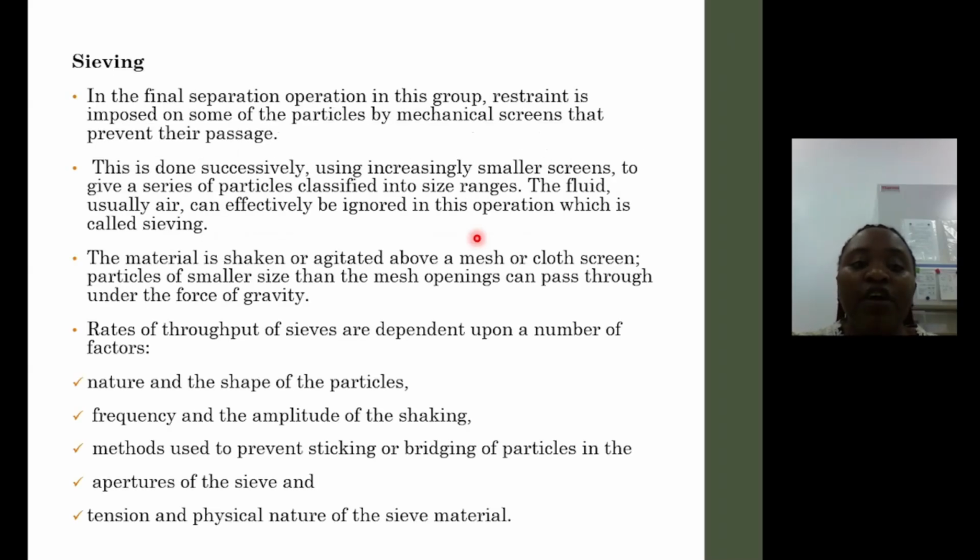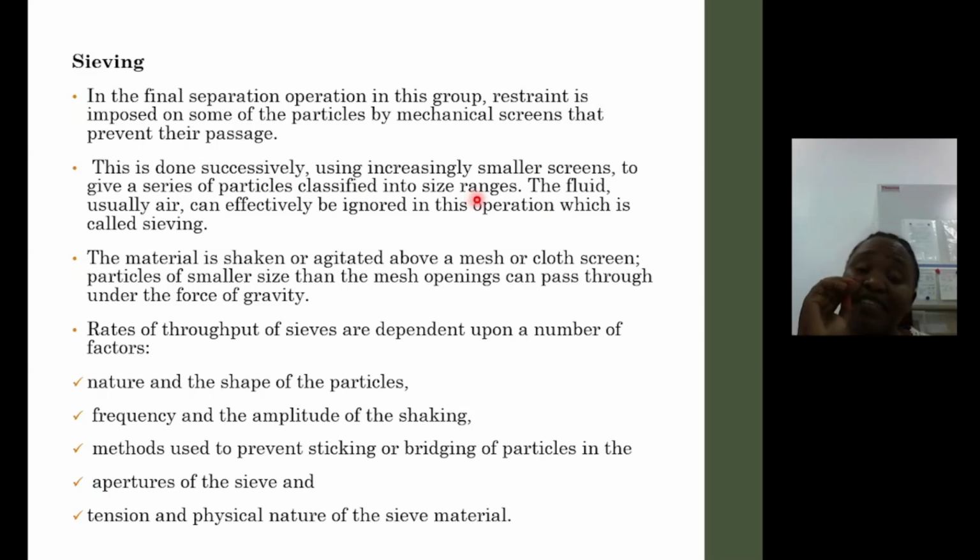Then sieving, now in more detail, is the final separation operation in this group. You provide a restraining mechanism where some particles are separated by mechanical screens that prevent them from passing through. This is done successfully using increasingly smaller screens to give a series of particles classified into size ranges.